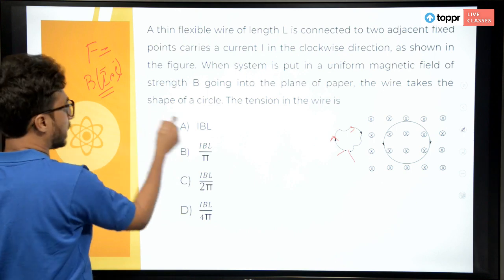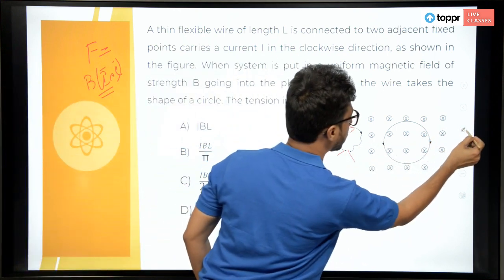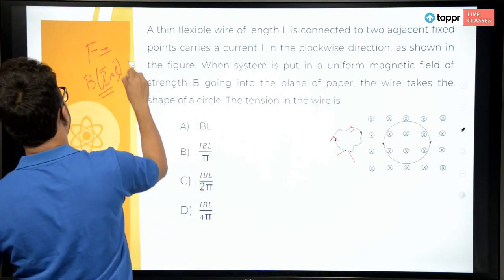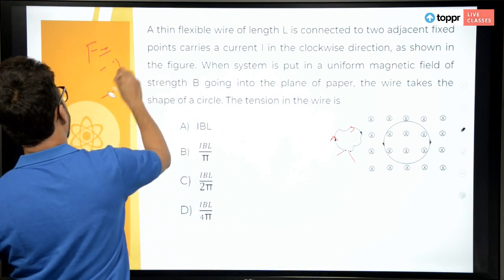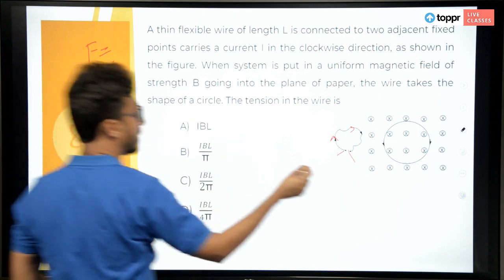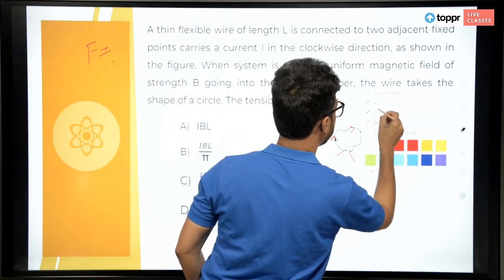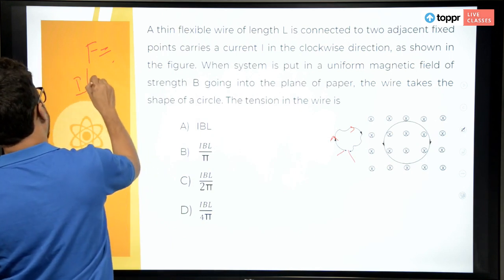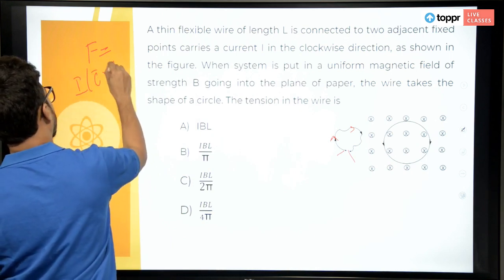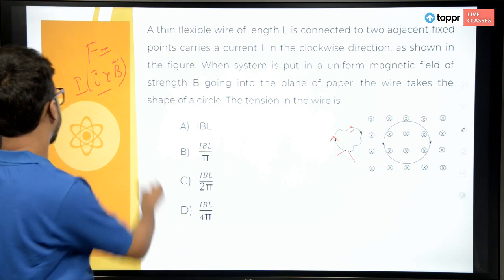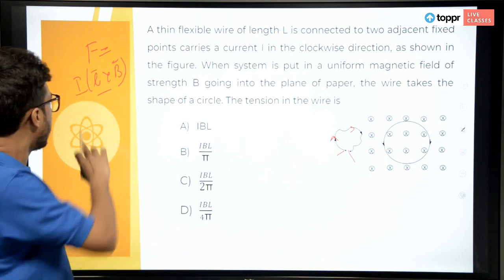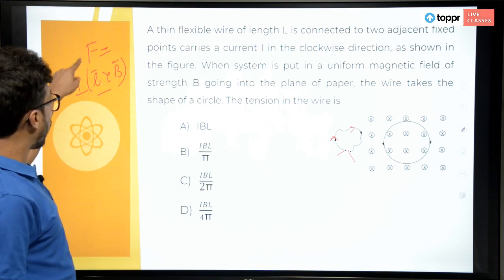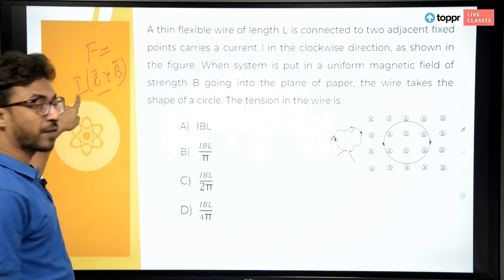I L into B. Because I is a scalar quantity, the vector quantities are L and B, right? So force is nothing but the cross product of I L and B.